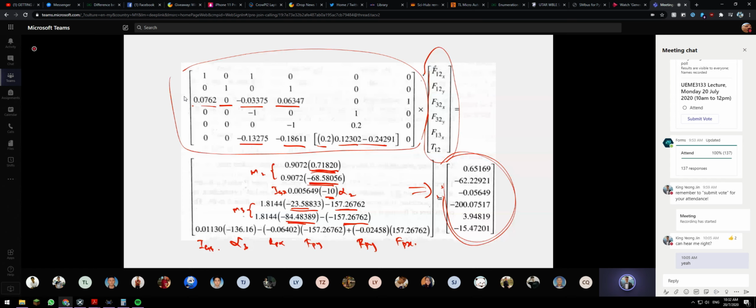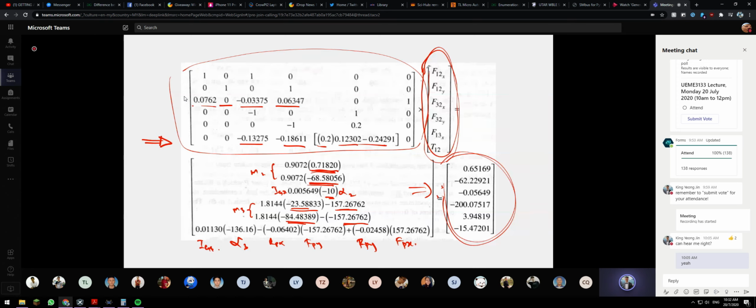The good news for you is that normally the questions only ask you to do until this step. You don't have to solve this 6 by 6, unless you have a calculator that can do matrix solutions, because our normal calculators can only do a maximum of 3 by 3 matrix.